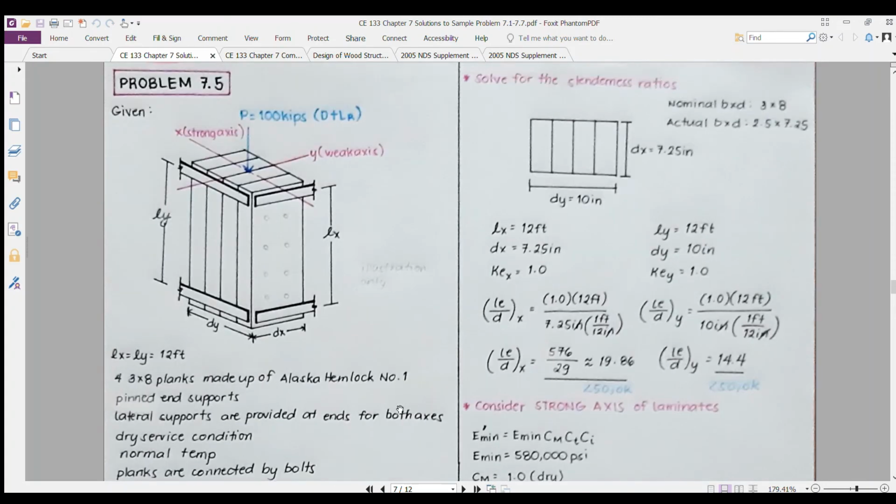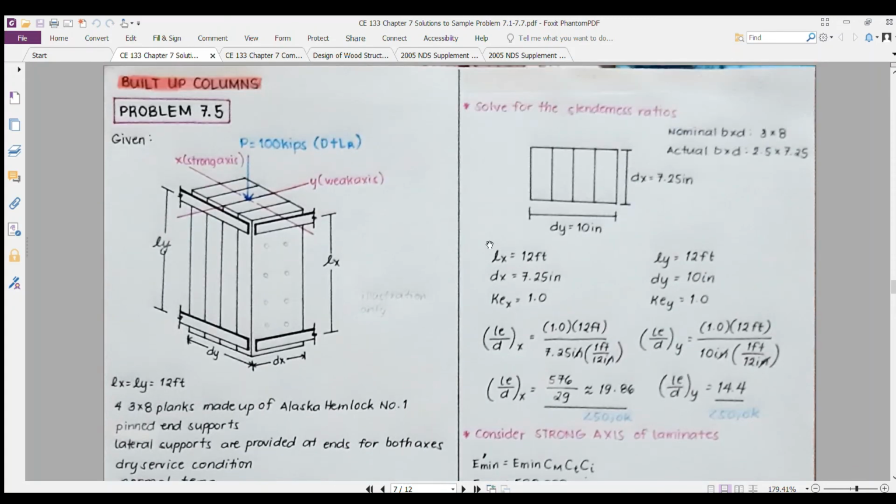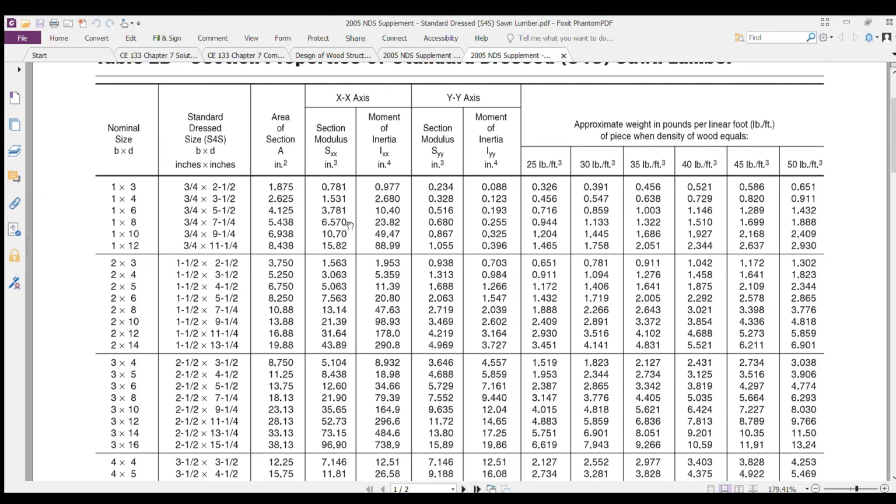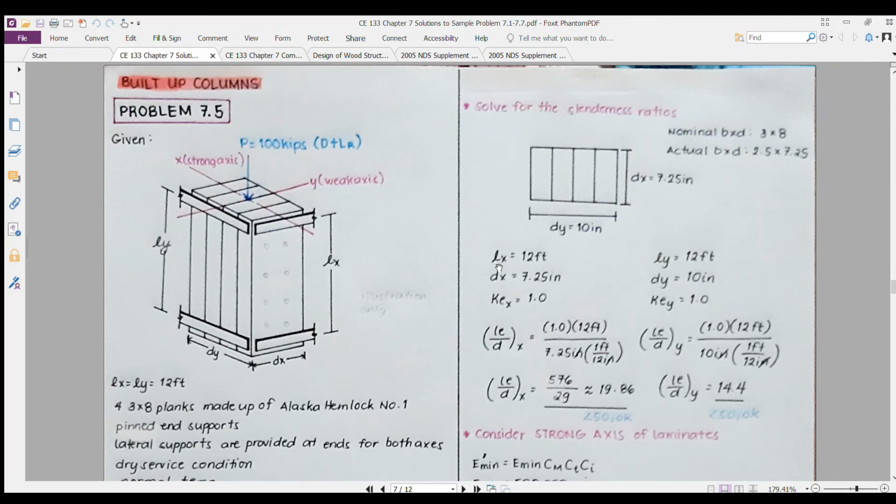First, we need to solve for the slenderness ratio. We have a nominal plank dimension of 3 inches by 8 inches, but in actual it is 2.5 inches by 7.25 inches. We have unbraced lengths for the x and y direction of both 12 feet, and d sub x of 7.25 inches.